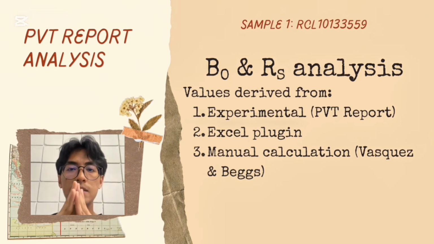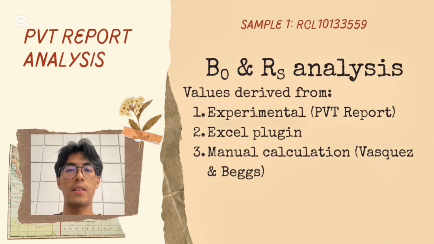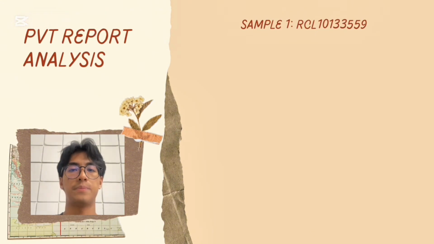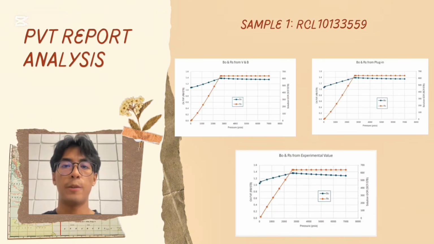The second set will be the values of Bo and Rs we got from calculating using the Excel plug-in, and the third set will be the values we got from calculating manually using the Vasquez and Beggs equation.